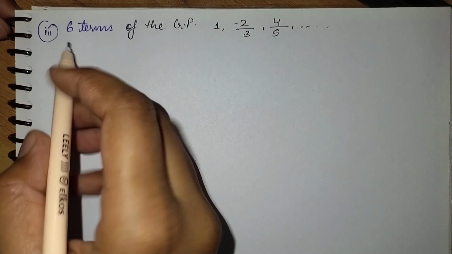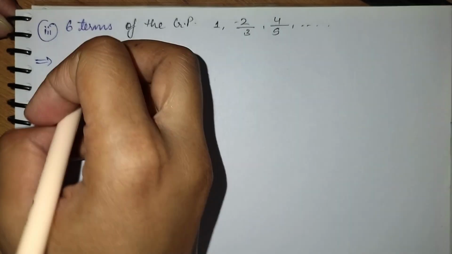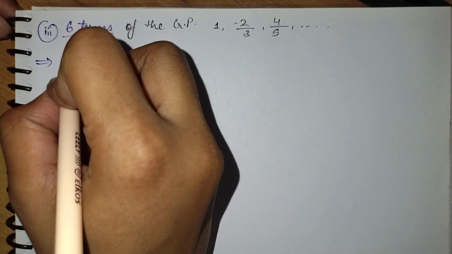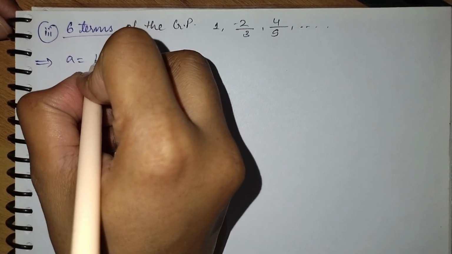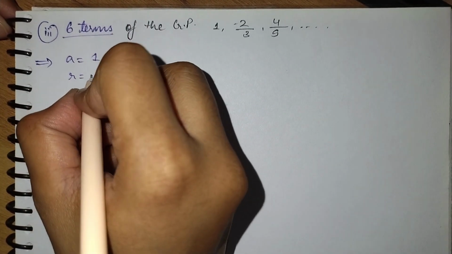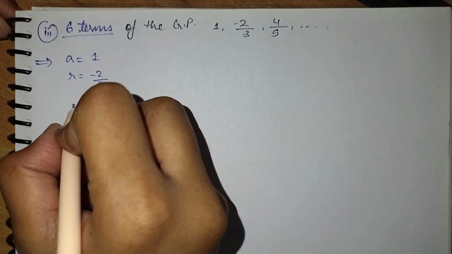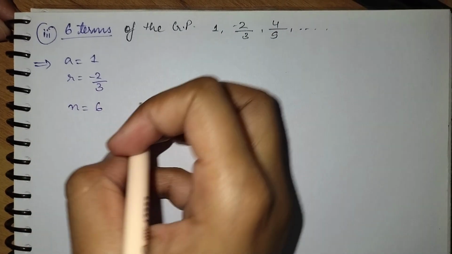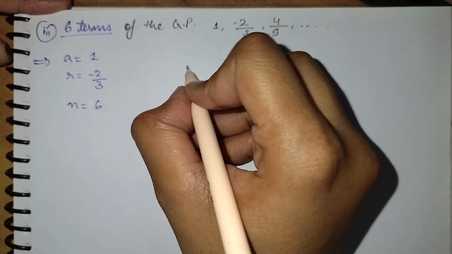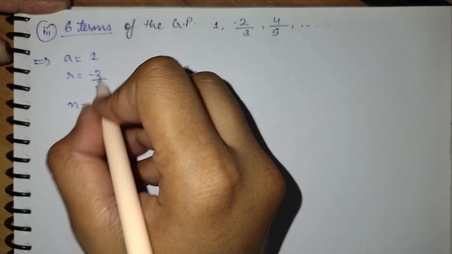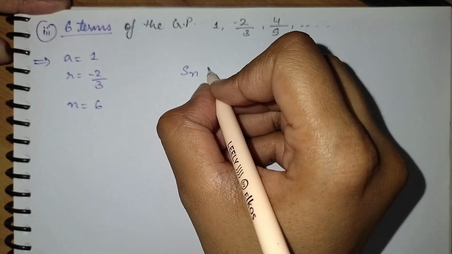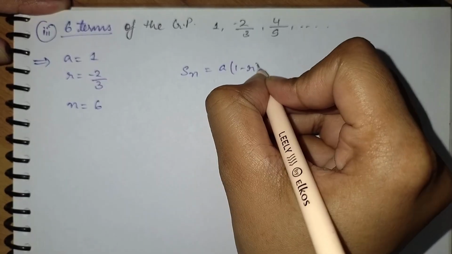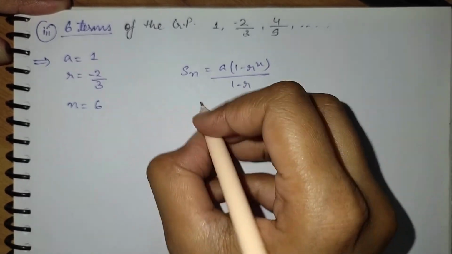Now let us solve question number 1, third part. For 6 terms of the GP, we have to find the sum. As the first term is 1, r will become minus 2 by 3, and the number of terms is 6. So from there we can write the sum, as r is less than 1, as a(1 minus r to the power n) divided by 1 minus r.